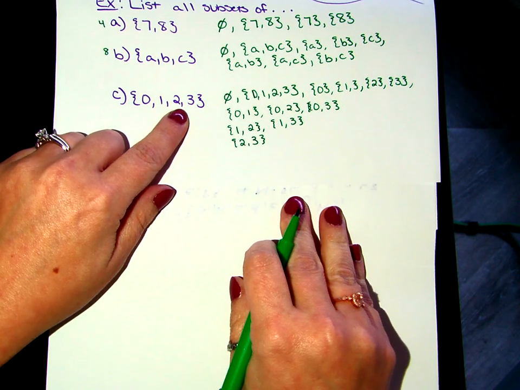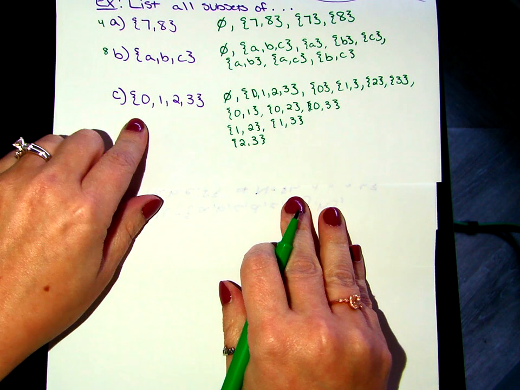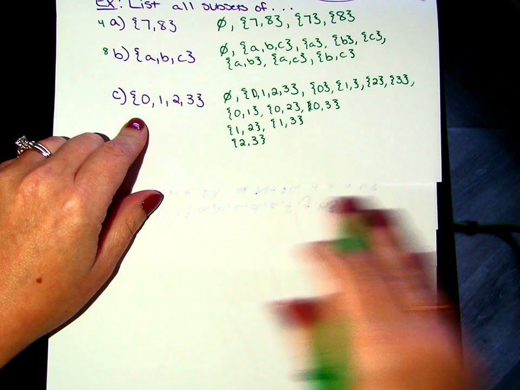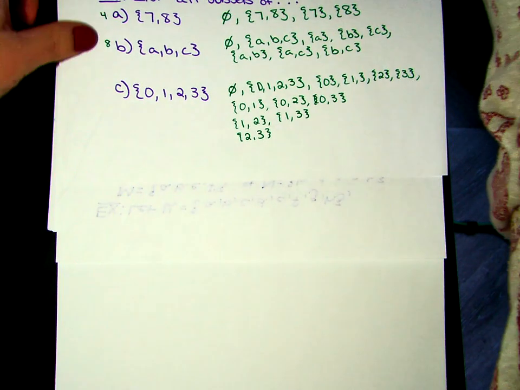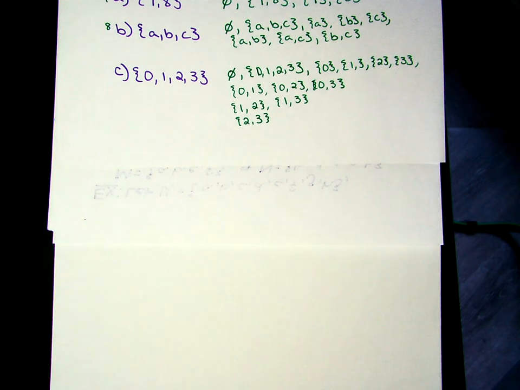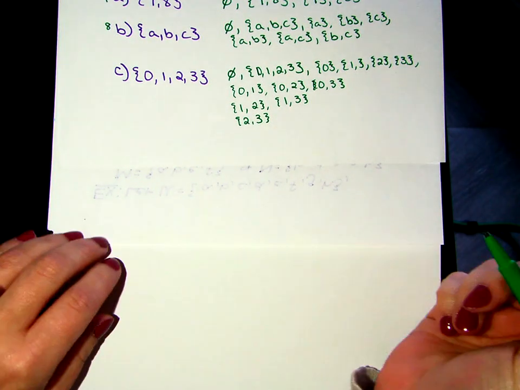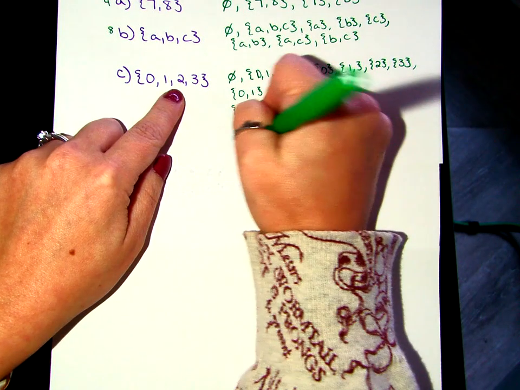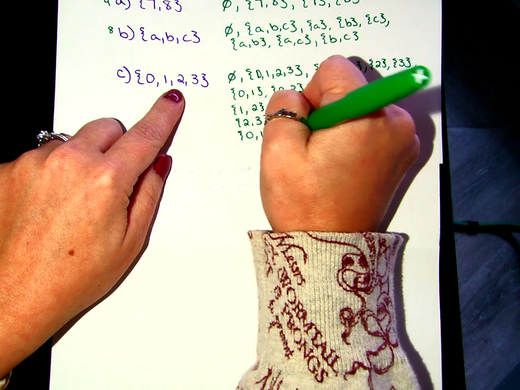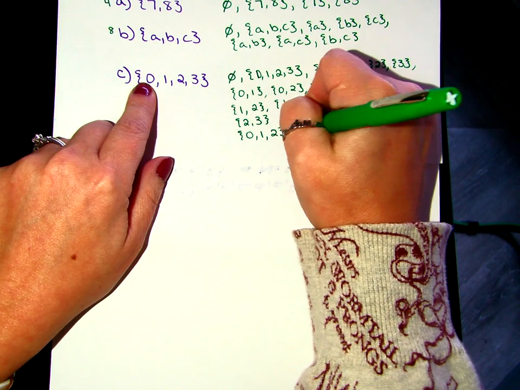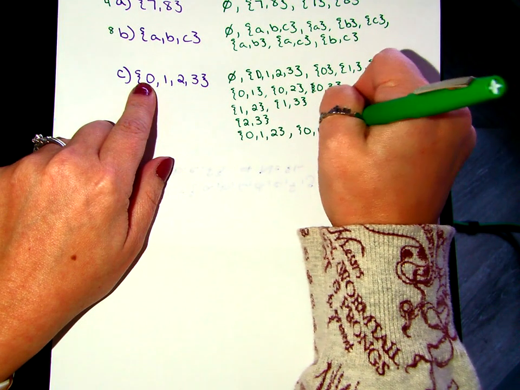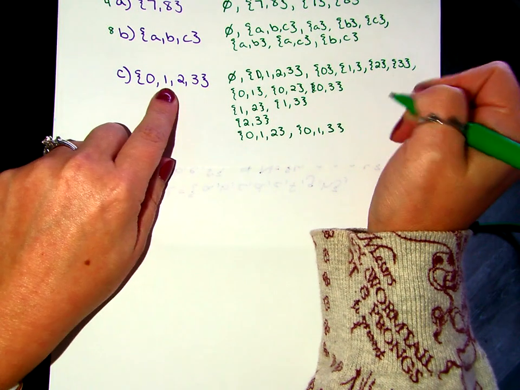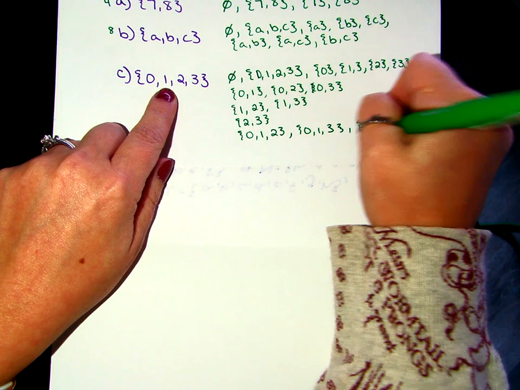But we can also consider 3 elements at a time, because there's 4 in this one. So let's start with 0, 1, 2. I could have 0, 1, 3. I could have 1, 2, 3.